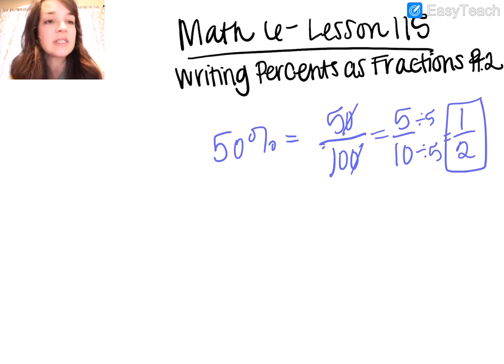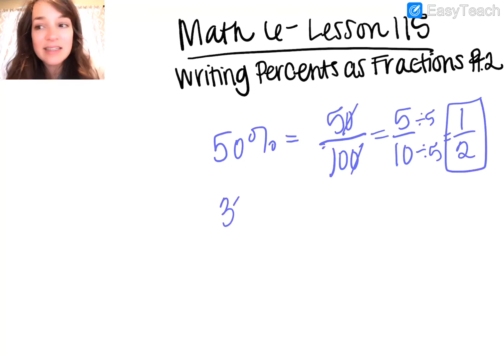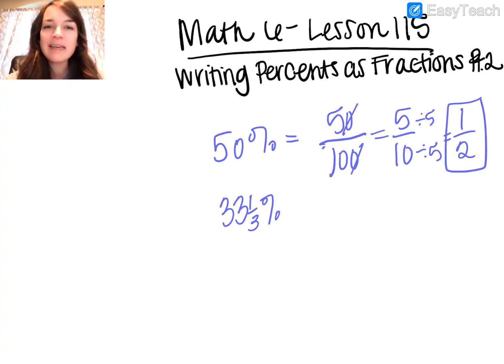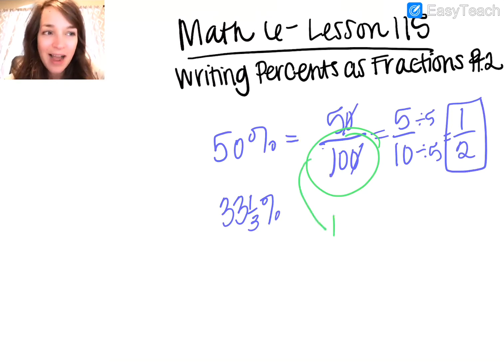But when you see something like 33 1/3%, you might be a little bit like, ooh, that doesn't look very pretty to put that on top of 100, and you would be right. But let's talk about what we're doing when we're dividing by 100. When we're putting it over 100 here, we are dividing by 100.